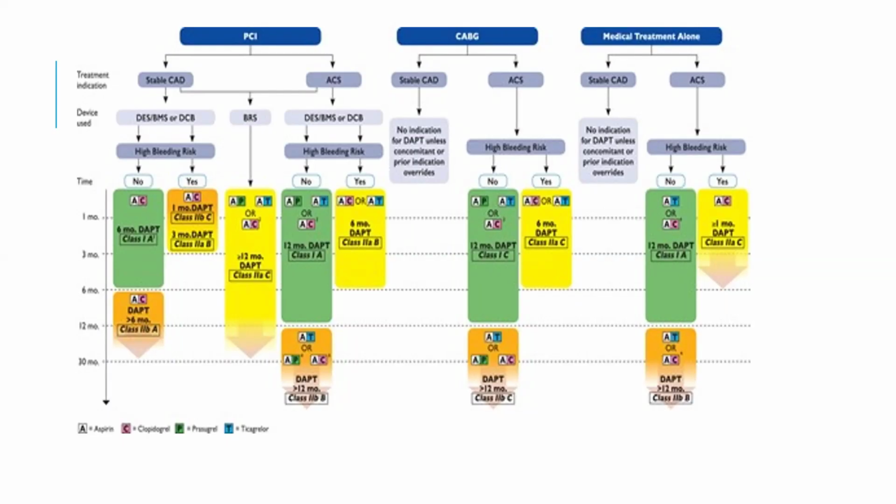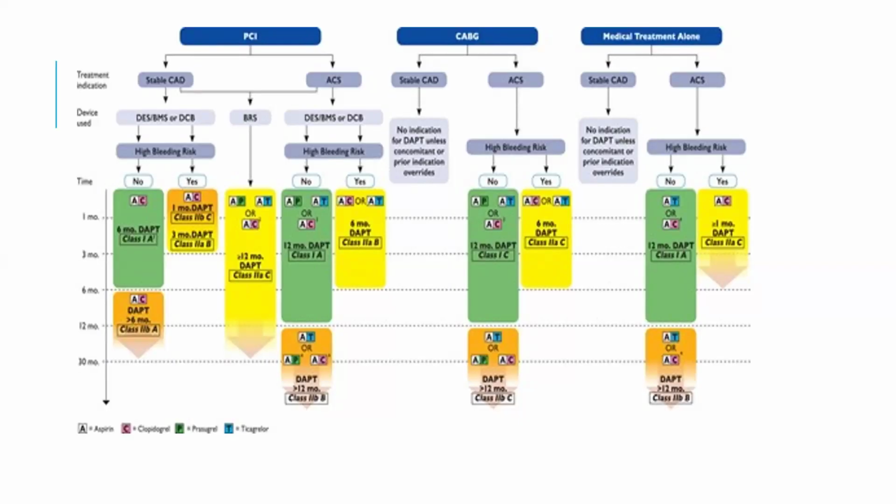But the first 12 months has a class 1 recommendation, while continuation has a class 2B recommendation. If there's a high bleeding risk for a patient with ACS, you can do dual antiplatelet therapy for 6 months. That has a class 2A recommendation.